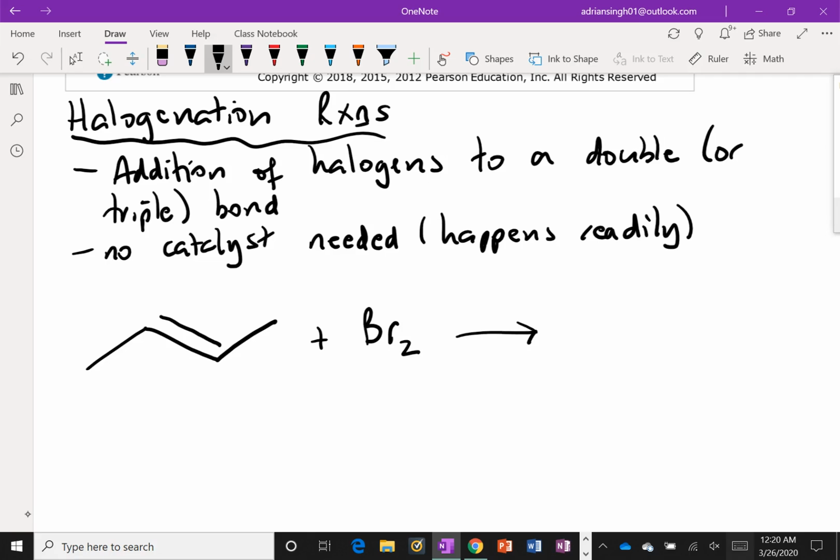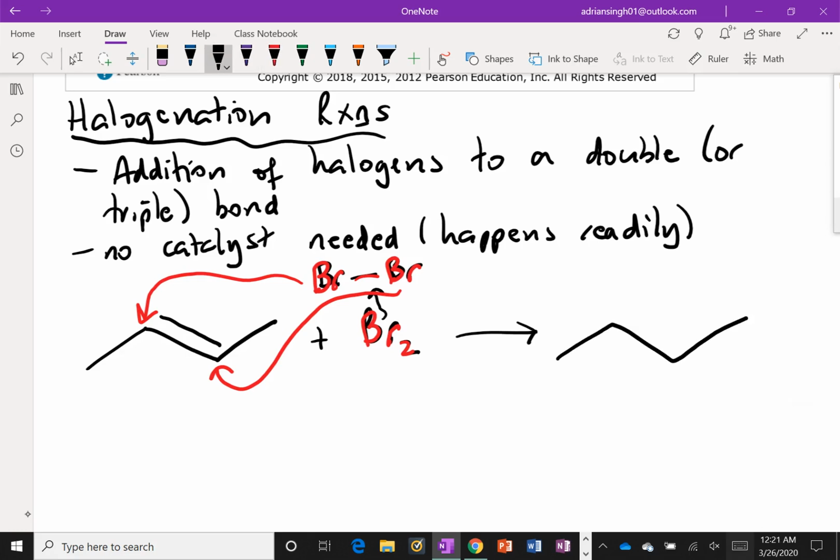Remember, everything happens around the double bond, specifically both carbons of the double bond. So I have my two Brs, Br attached to another Br. I'm going to do this in a different color. One Br is going to go to one carbon of the double bond, and the other Br is going to go to the other one. So if we were to draw the product, again, when you add something to an alkene, the double bond goes away. It gets converted to a single bond.